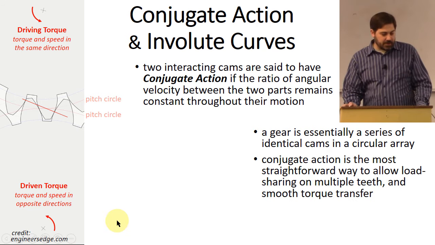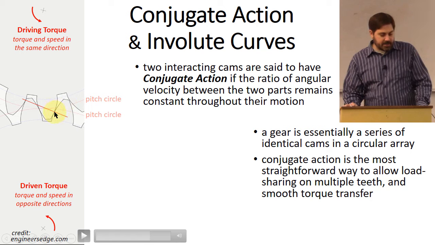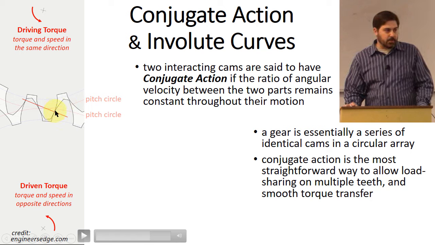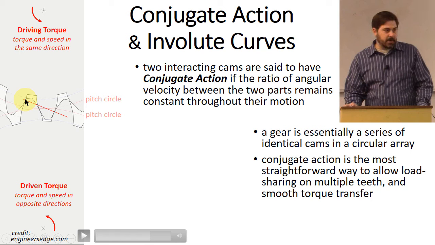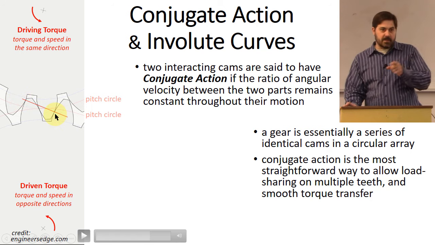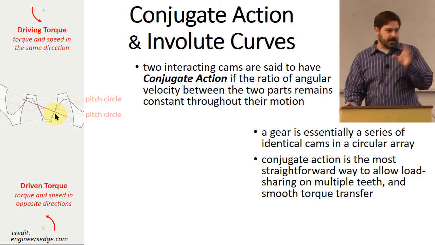Why this is important is you will notice this contact point has not left yet, and yet we just got another contact point going up here. In order for force to be applied simultaneously at both contact points, they have to have the same speed of progression along this line.